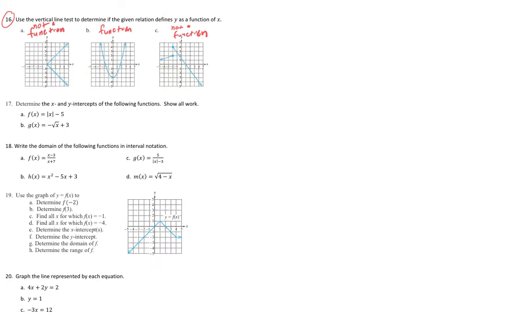Okay, we look at number 17 now. We determine the x and y intercepts of the following functions. Let's start with 17a. So we have f of x is equal to the absolute value of x minus 5, right? So to find our x-intercept, that happens when y is equal to 0.